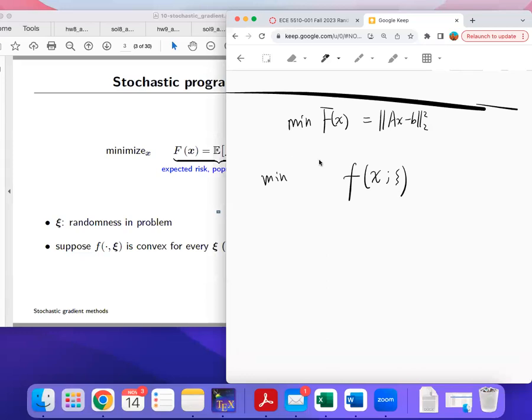So we want to consider all different possible data, and intuitively we want to take the average. We want to take the expected value of this random function, while the expectation is taken with regard to this data. This xi, in practice, we assume follows a certain underlying distribution P. So we want to minimize the expected loss under this data distribution.